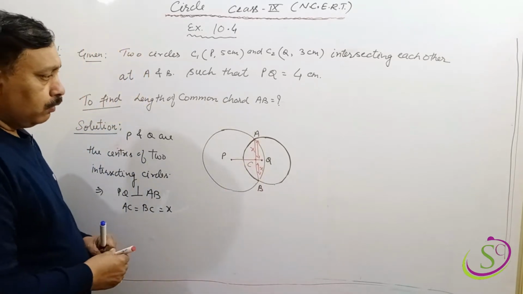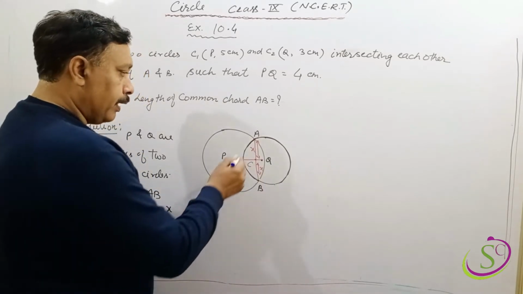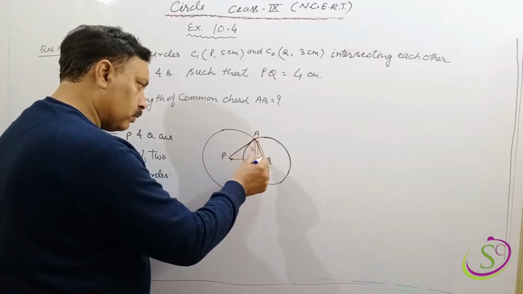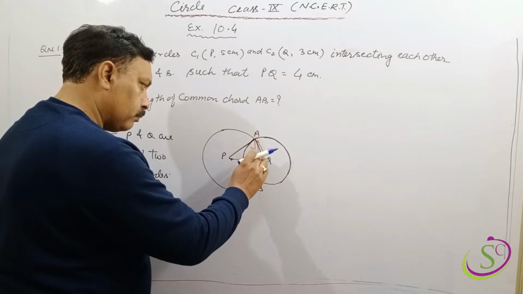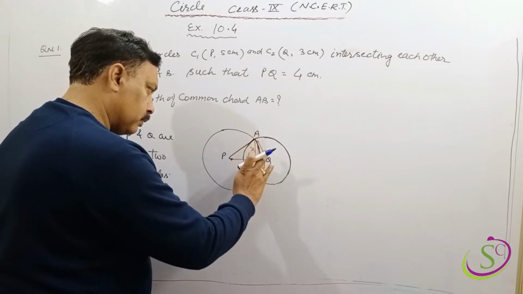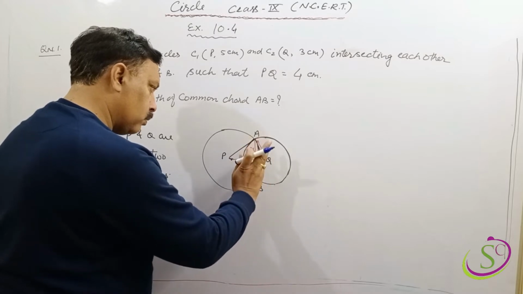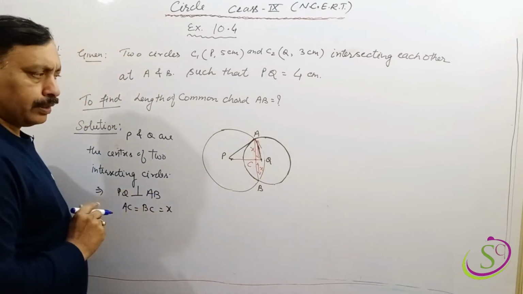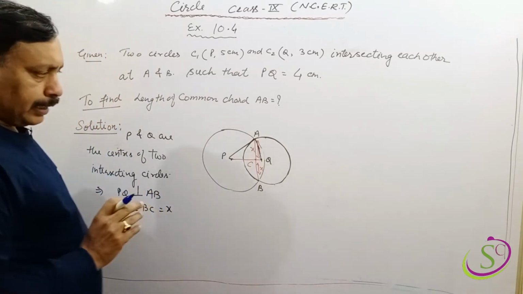Clear? When we join A to P like this and A to Q like this, it will touch, right? This point Q is this. Clear? So here a triangle APQ is formed.